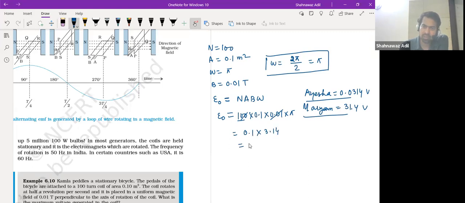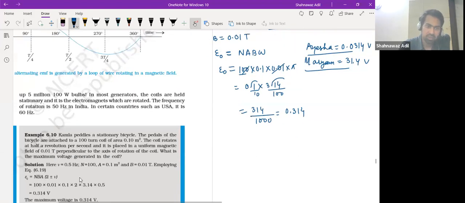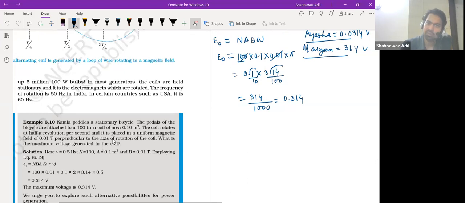So this would be 314 divided by 1000, so 0.31. So what is the answer, guys? 0.31. Understood?